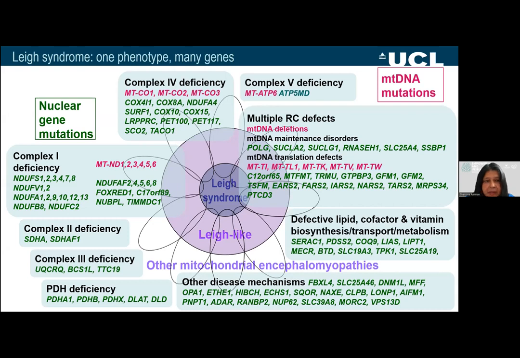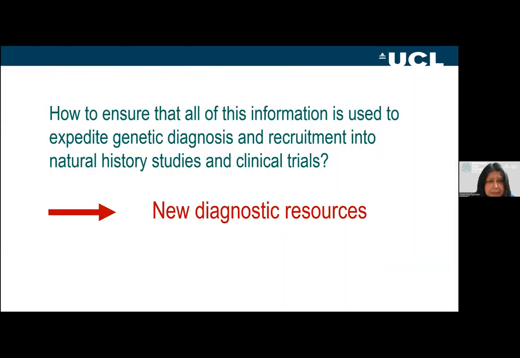So that means that we're at a count of more than 100 genes causing this one disease. And that does lead to quite difficult diagnostic problems, because if we sequence the whole genome and find different variants, how can we be sure that the variants we found are the cause of the disease in the child who is in front of us?